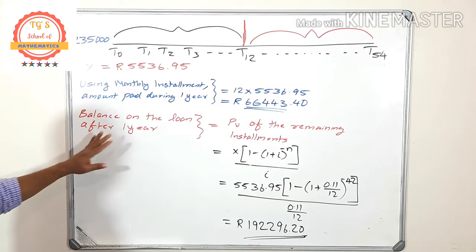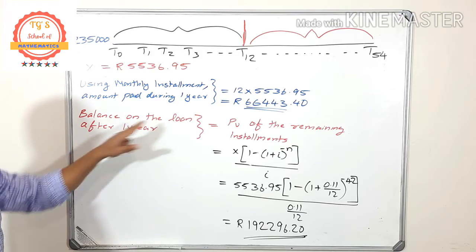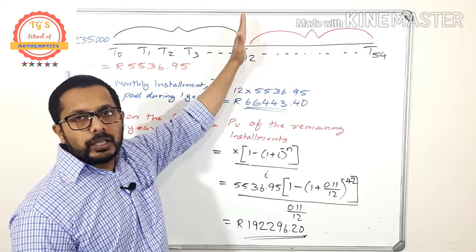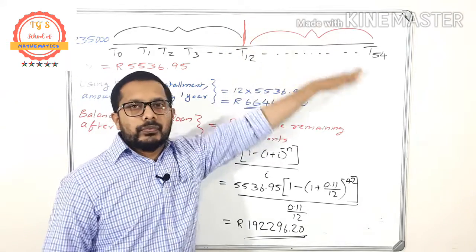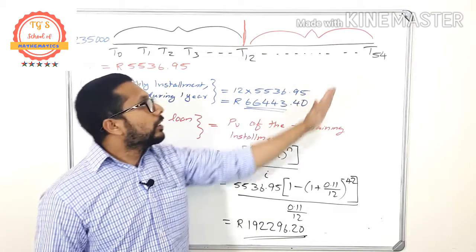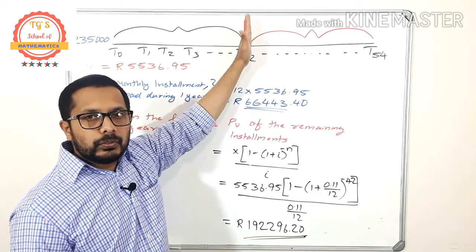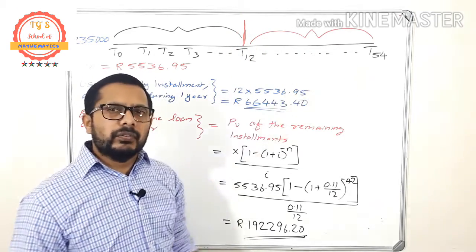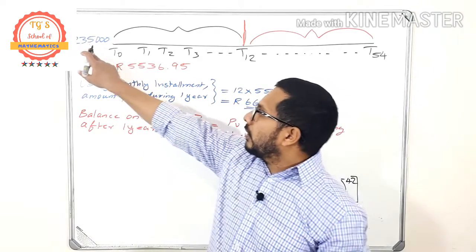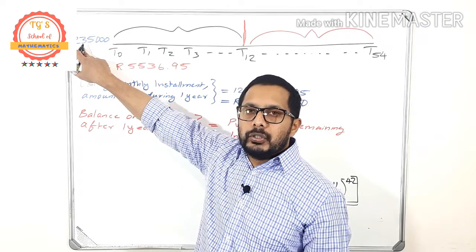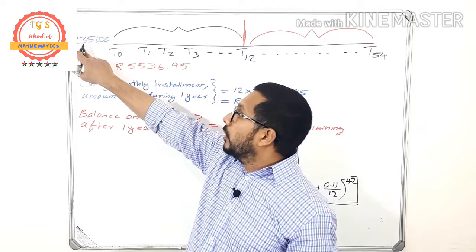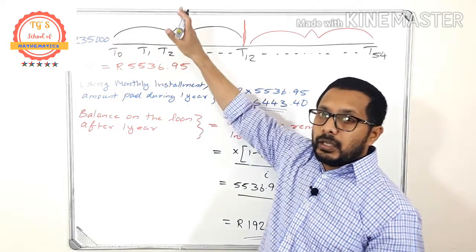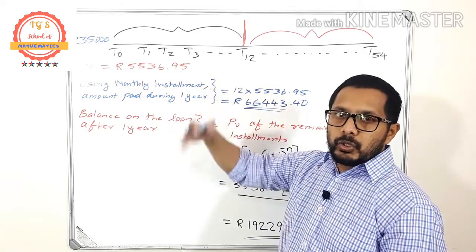So listen once more. Balance on the loan after 1 year. This is after 1 year. Balance on the loan after 1 year is the same as the present value of the remaining installments. What is the meaning of that? Once more, how much did he take as a loan? 235,000. So this 235,000 is growing, and at the same time there is a monthly installment going on.